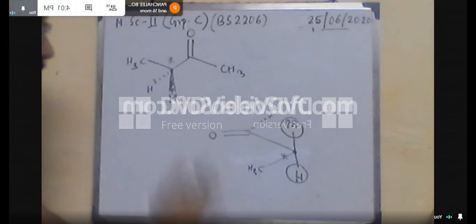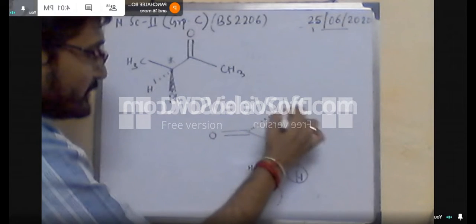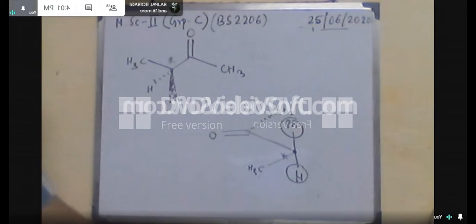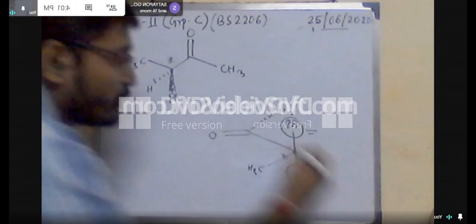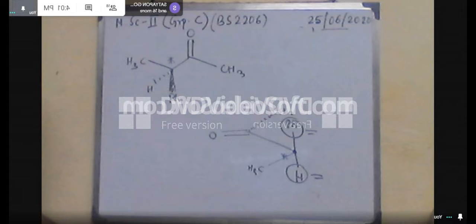So if the size of the hydride is very small, then there is no question of steric repulsion between the substituent at the chiral center and this hydride residue. So how will we consider the diastereoselectivity in this reaction?